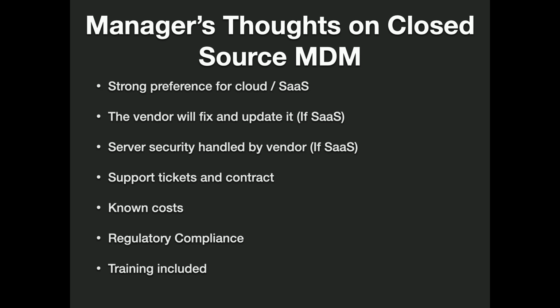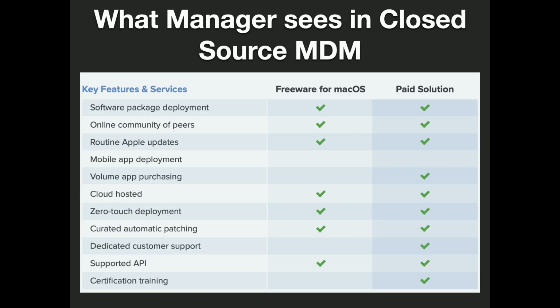If they have all the certs, you don't have to worry about it. And sometimes training is actually included. You can buy a huge package, and they'll train your people on all the things. So this is the way a corporate manager would see it, a checkbox. Am I checking the boxes? Yay? Cool.